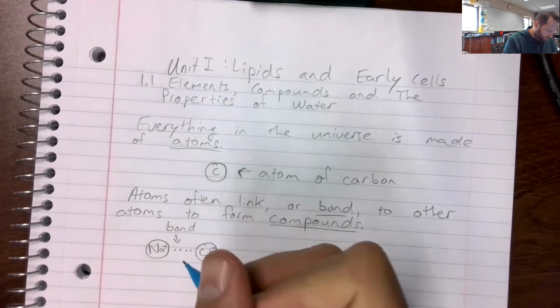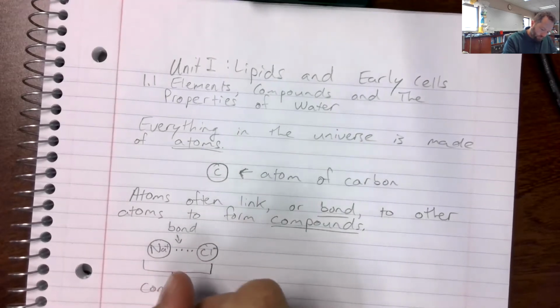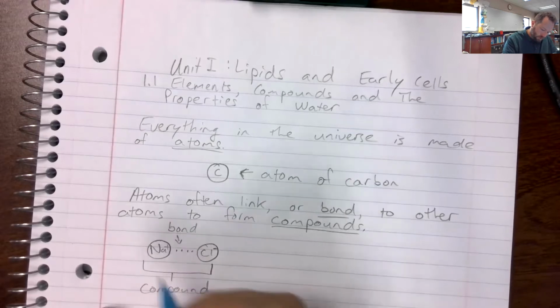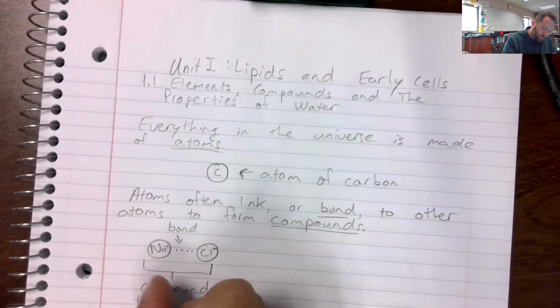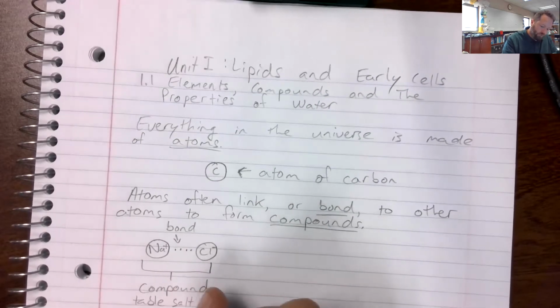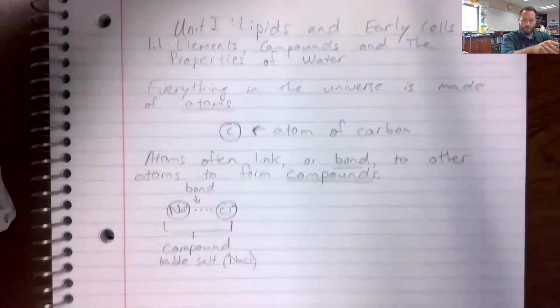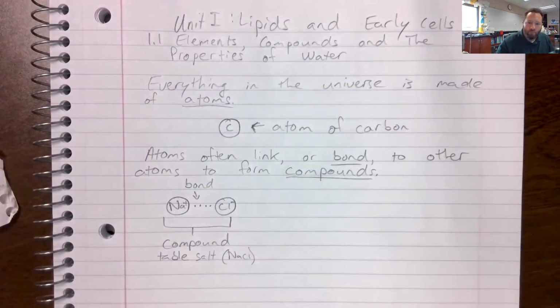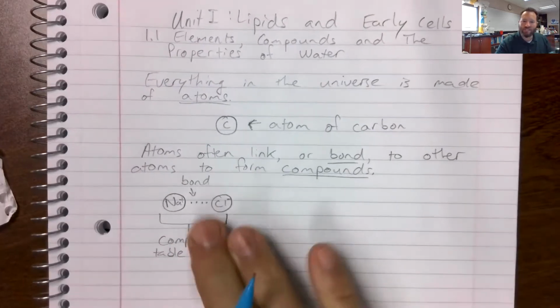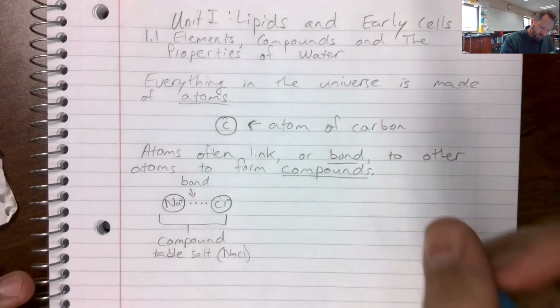They're stuck together. This is a compound, commonly known as table salt. Its formula is NaCl. There's our first compound, two atoms bonded together. This compound is called table salt.